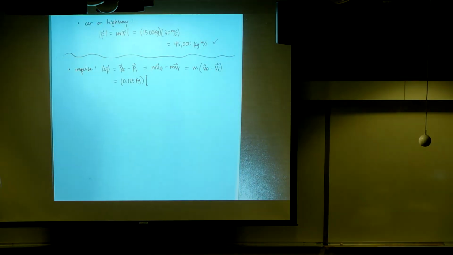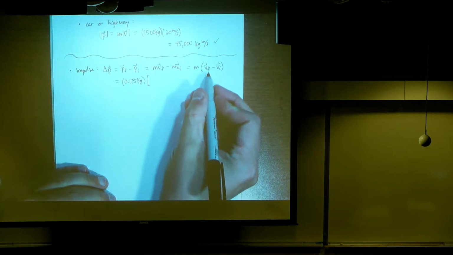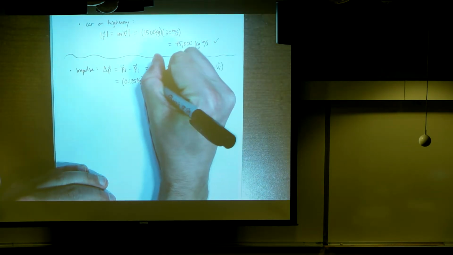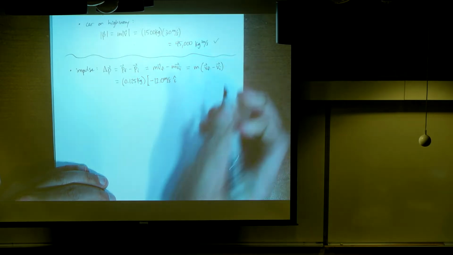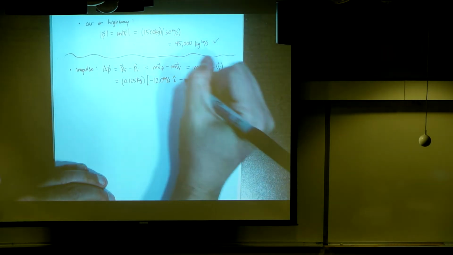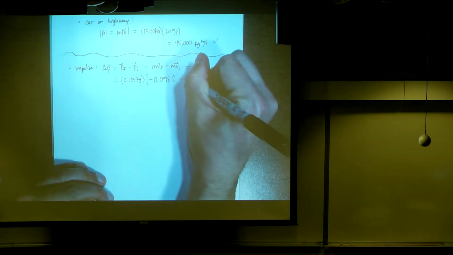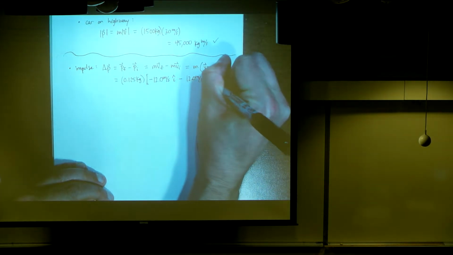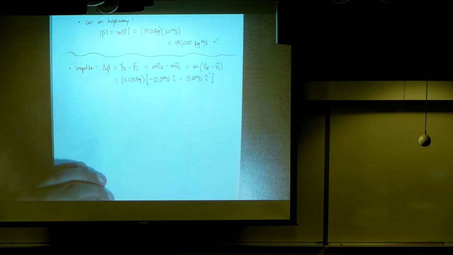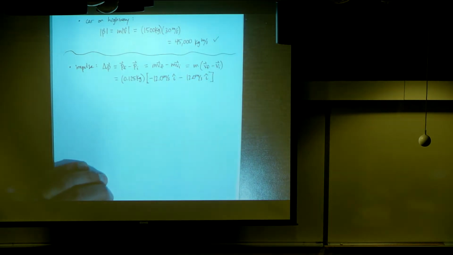So v final, as a vector, is negative 12 meters per second i hat. I'm subtracting from that v initial, which is positive 12 meters per second i hat. So there's a really big change in momentum. It's not zero, okay? These don't cancel out by any means.